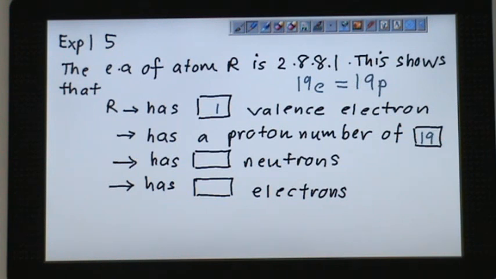Okay, so potassium is 39. So we can proceed with finding the answer. So this is potassium 39, and 2, 8, 8, 1 is actually 19 here. So you have 20 neutrons. And then R has how many electrons? It should be 19 electrons. How many protons? 19 protons.